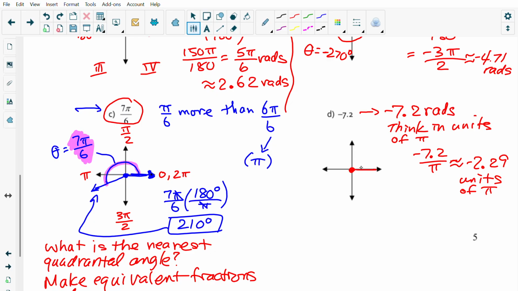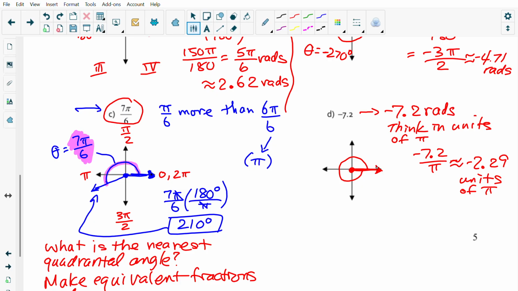So I start at my origin. Here's my initial arm. It's a negative angle, folks, so I go clockwise. I need negative 2.29 units of pi. So I'm going to go 1 unit of pi. Let me start over. This is 1 unit of pi. This is 2 units of pi.